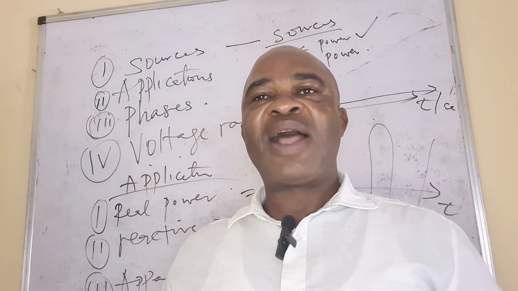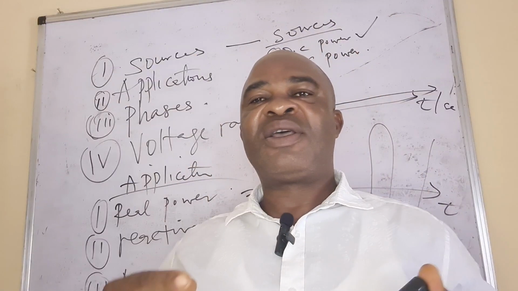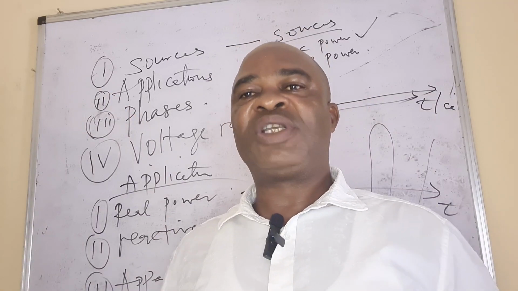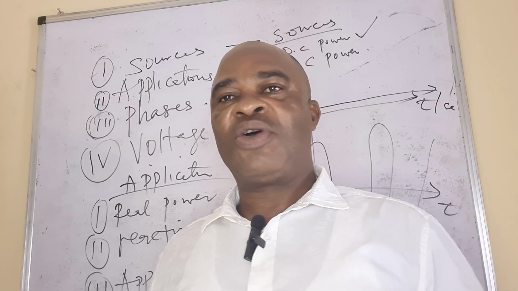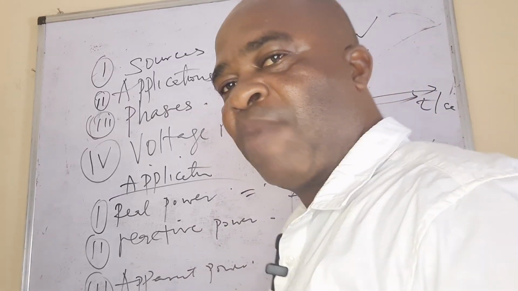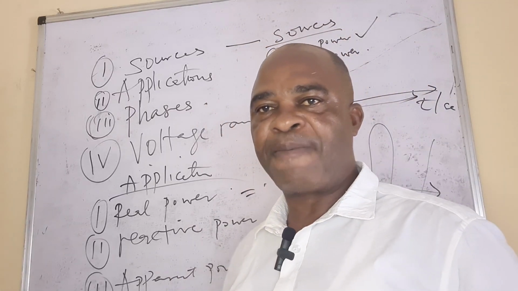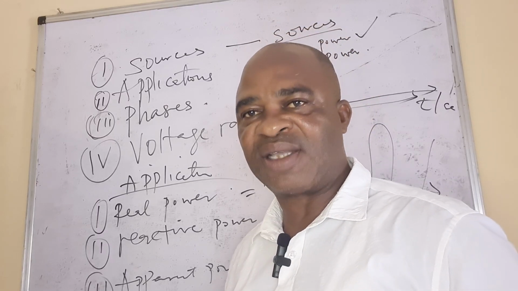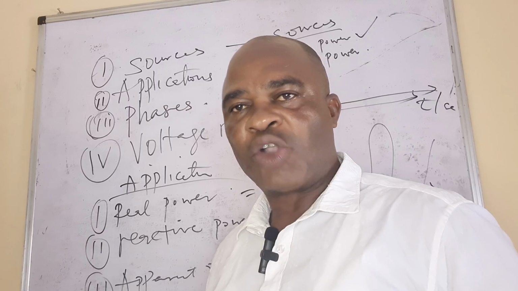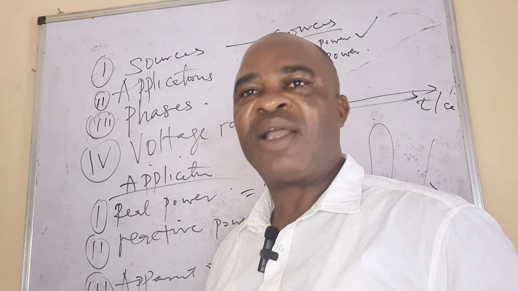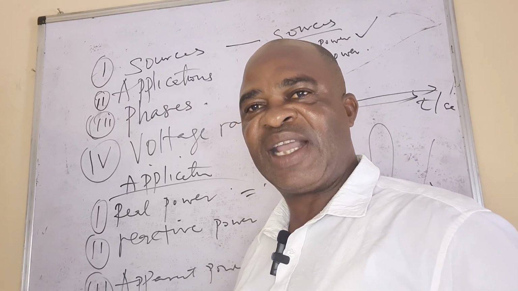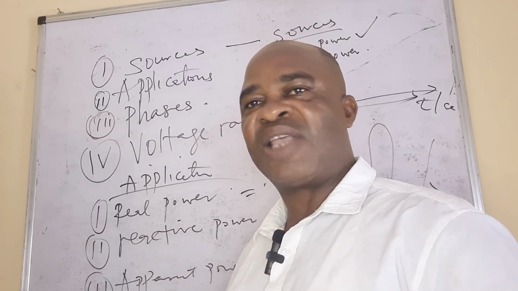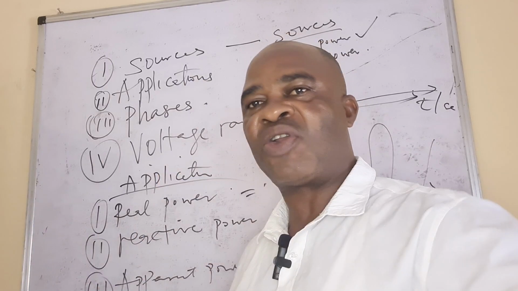The actual power that dissipates or that develops in our electrical circuit is given mathematically as power P equals I squared R and is measured in watts. The real power, actual power, active power, they are measured in watts, and we say they are the power developed in the resistances of our circuit as a result of dissipation of energy.